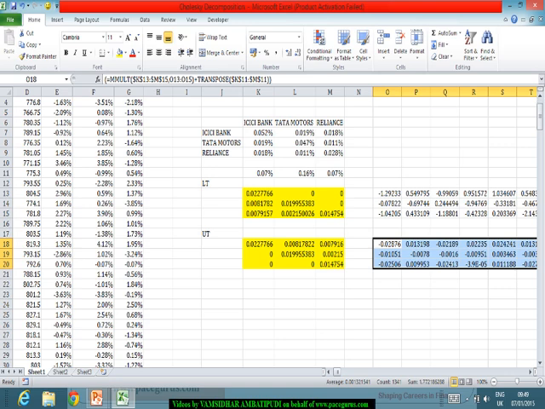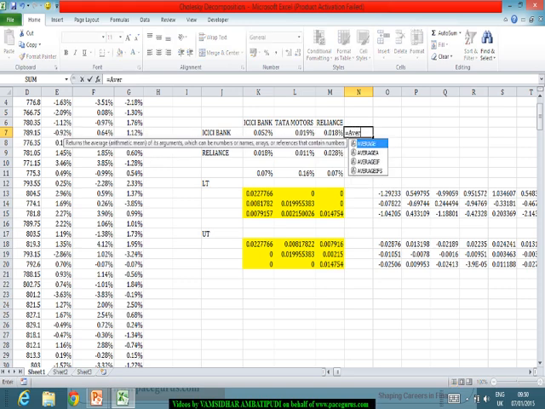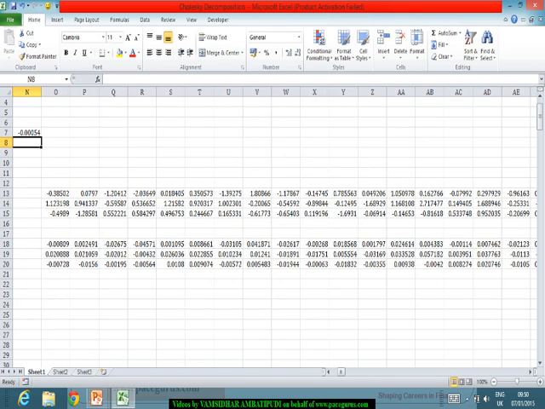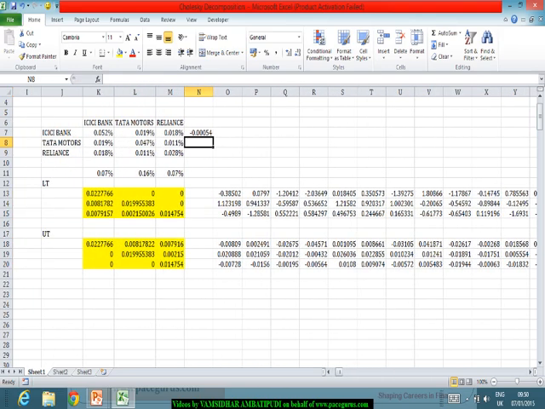Now let me try out through this mechanism what is the average return which ICICI Bank has generated. Yes, it was slightly negative. It came out to minus 0.05%.